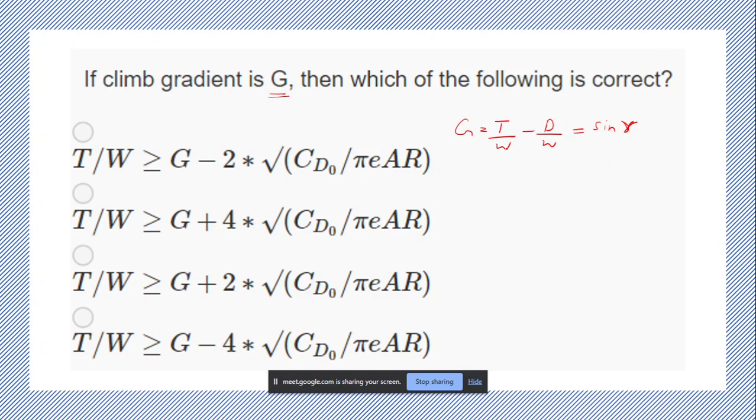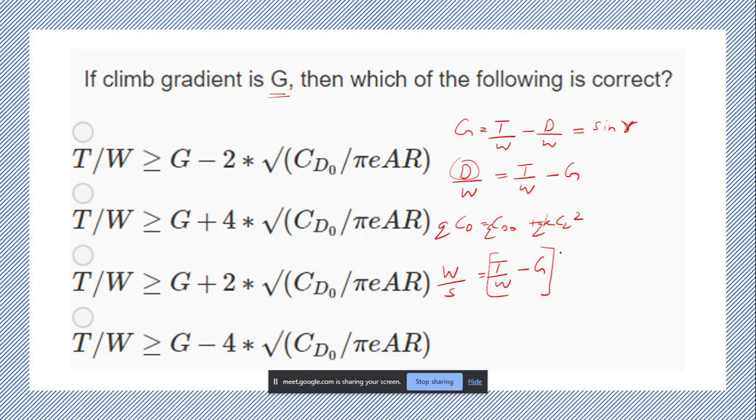Now if you replace this D, if I just write the equation in terms of D by W, you have D by W equals thrust upon weight minus G. Now if you substitute CD equals CD naught plus K CL square into this equation, with the dynamic pressure Q, and then simplify, you get an equation like W by S, that is the wing loading, is equal to thrust loading minus G, plus or minus.